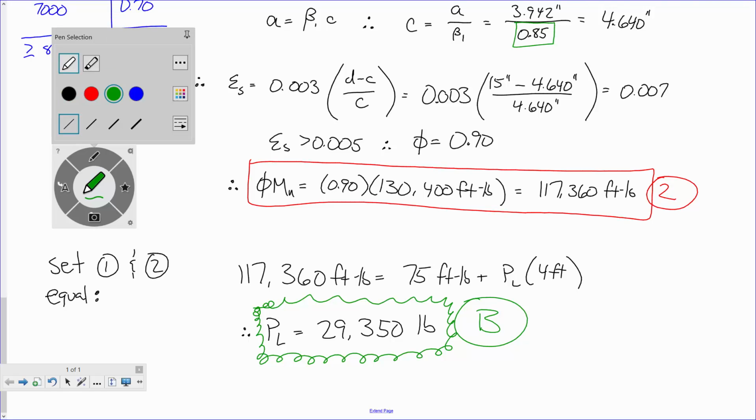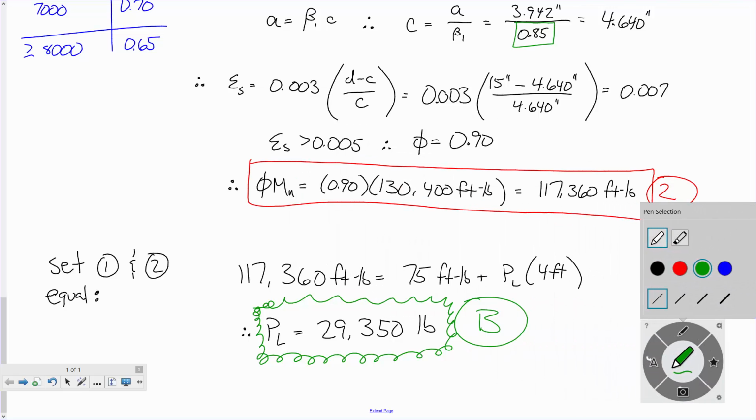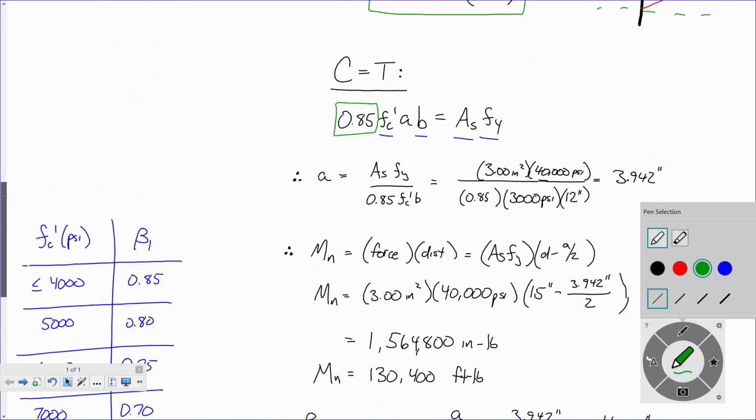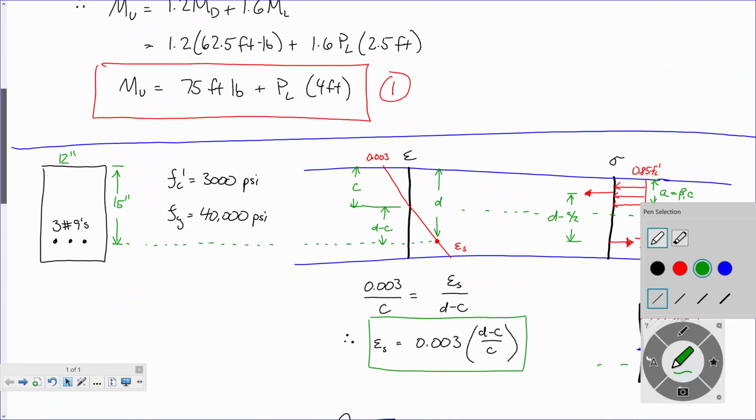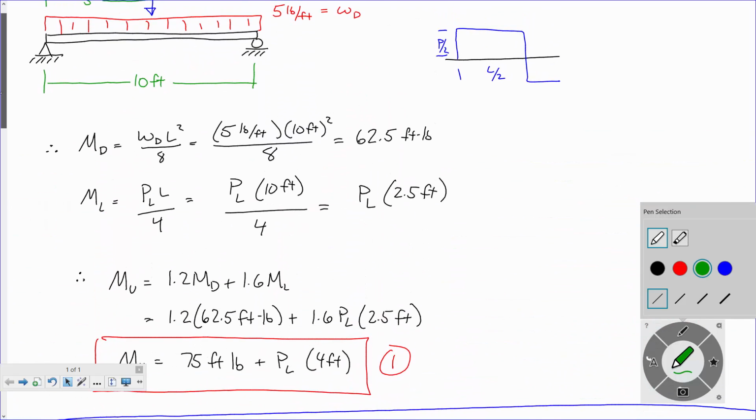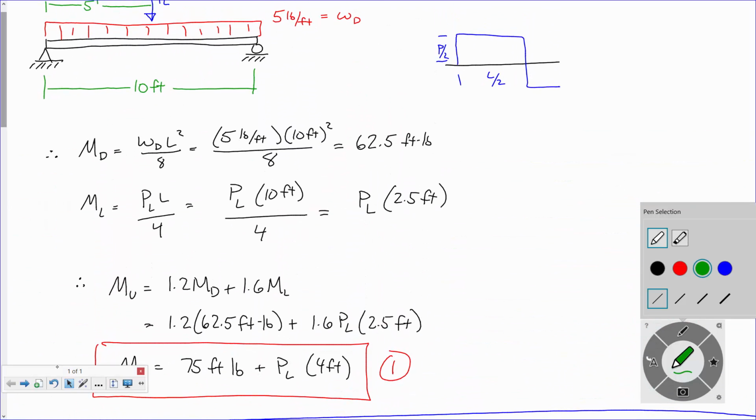Oh, let me move this out of the way. Equation 1 was when we did the analysis of the beam to get an expression for how much moment was on it.